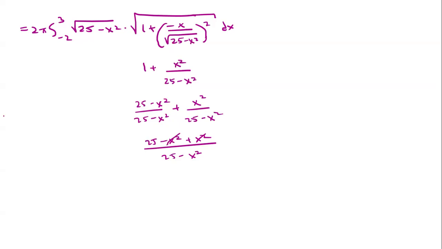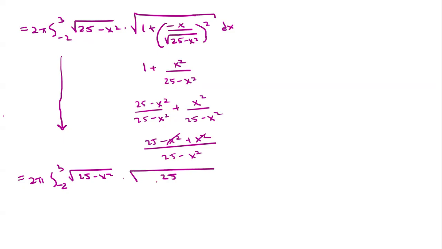All right, so let's rewrite this. We have 2 pi, the integral from -2 to 3 of the square root of 25 minus x squared, and again, this is all under the radical, times 25 over 25 minus x squared.